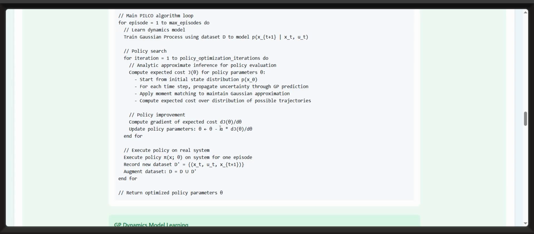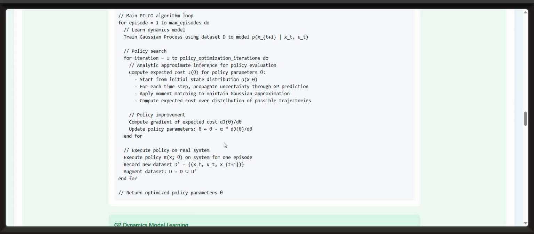So J equals the expected value of the sum over time of c of x sub t. The cost function here tells us how bad a certain state is. This could be a distance from a target, energy usage, deviation from some desired configuration, or whatever fits the task.